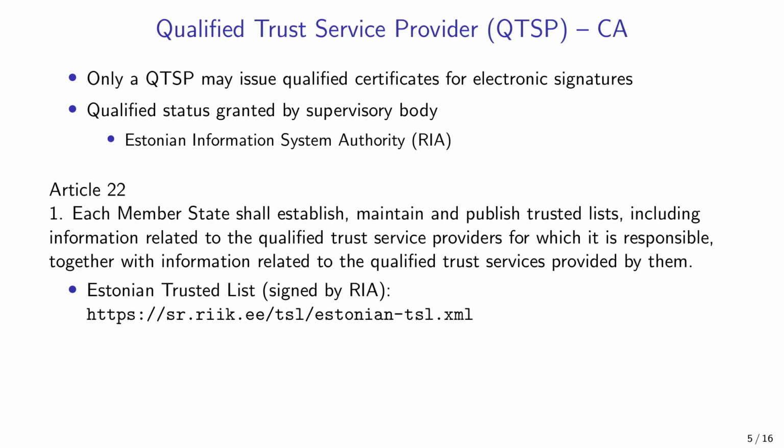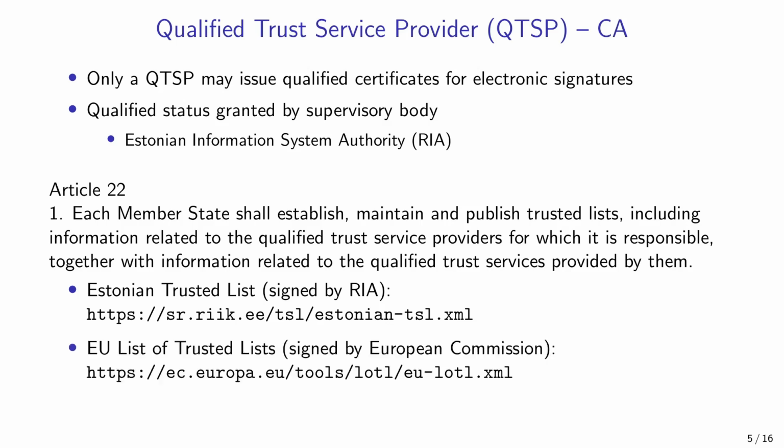So each country issues such a trusted list for qualified trust service providers under their supervision. Then there is a European Union list of trusted services, or trust list, signed by a European Commission employee. This list contains links to the trusted lists of each member state and the public keys of all supervisory bodies so that the authenticity of the member state trusted lists can be verified.